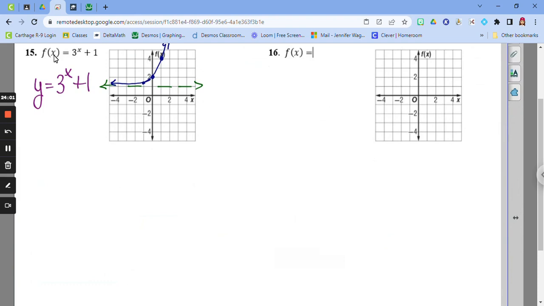That's what you should see on Desmos. Domain, always all real numbers for this. The range, this time, it's approaching 1 instead.